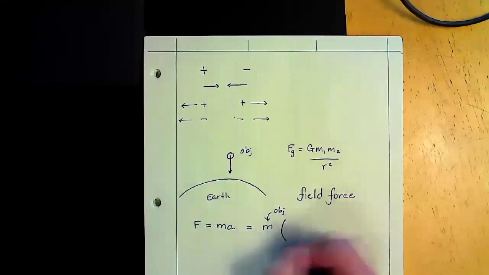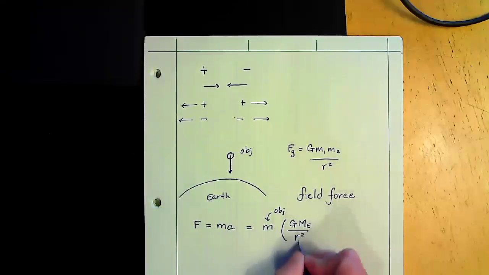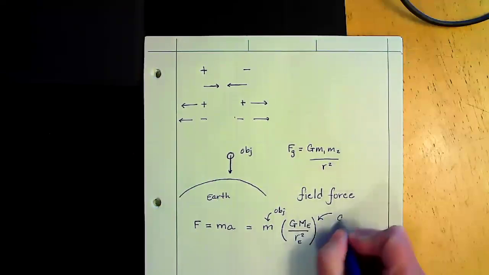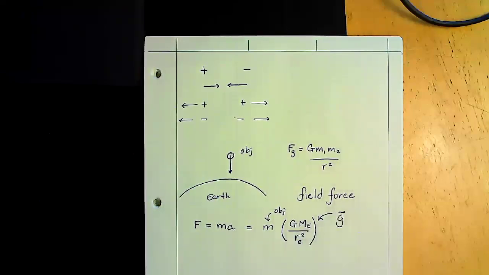And then I've got my gravitational constant, the mass of the Earth, and the radius of the Earth. And this all gives us our acceleration due to gravity. So depending on where I'm at, I get my acceleration due to gravity, and I can take this item and break it apart.